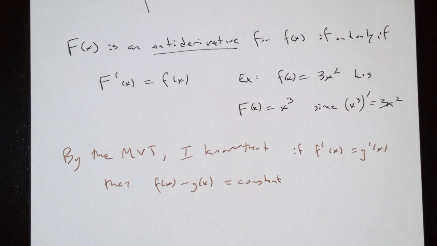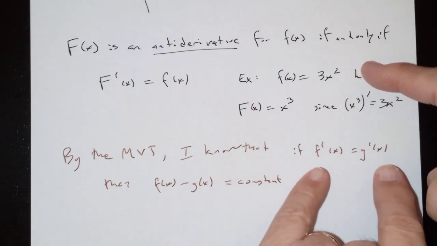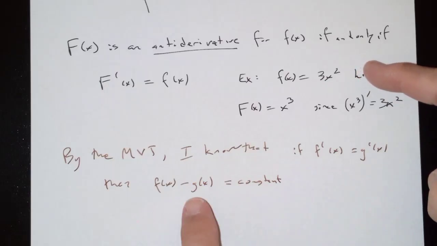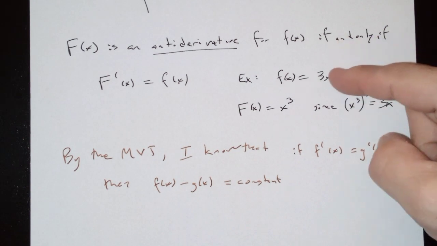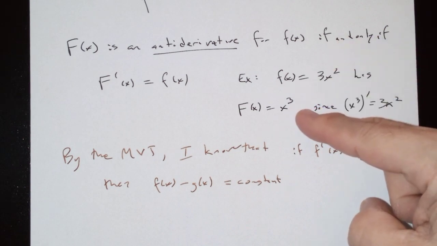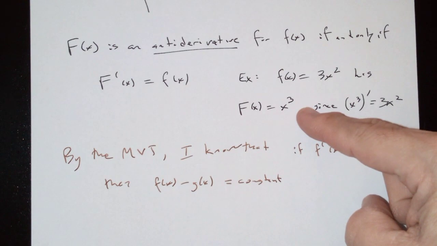But if I had two different functions whose derivative was 3x squared, then the difference between those two functions must be a constant. So any other antiderivative of 3x squared is only different from this by a constant.